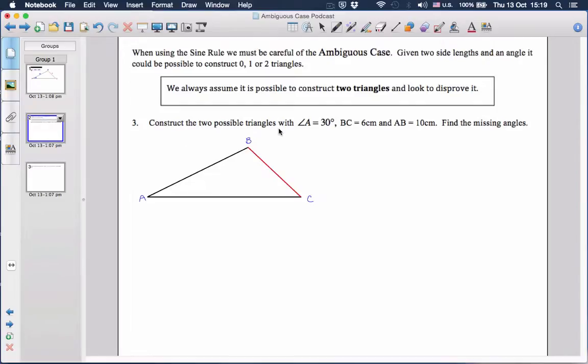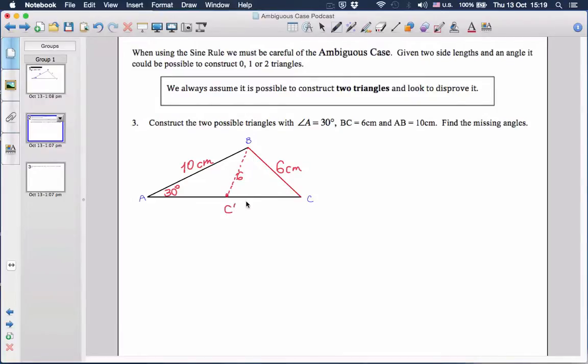Construct two possible triangles. They're telling you there are two cases when angle A is 30 degrees, and BC is 6 centimeters, and AB is 10. Okay, so let's look at that. 6 is definitely smaller than 10, so you could get the second case where the 6 goes in this way.